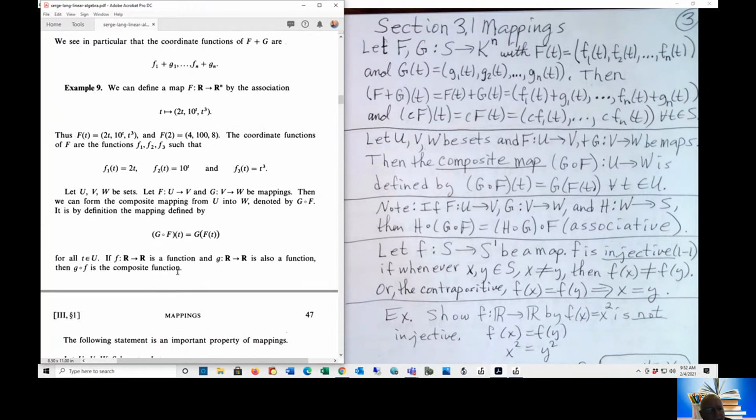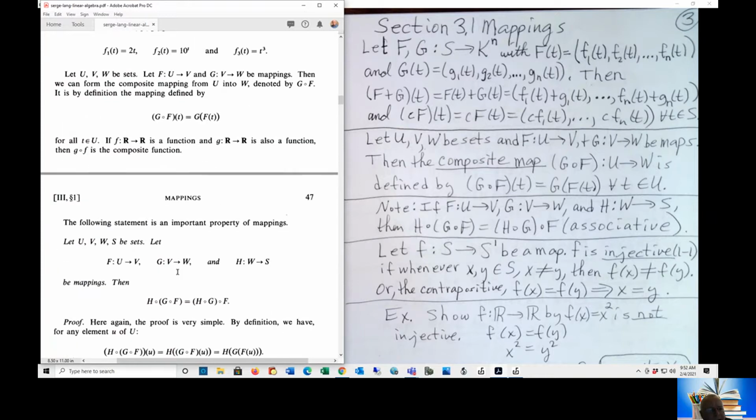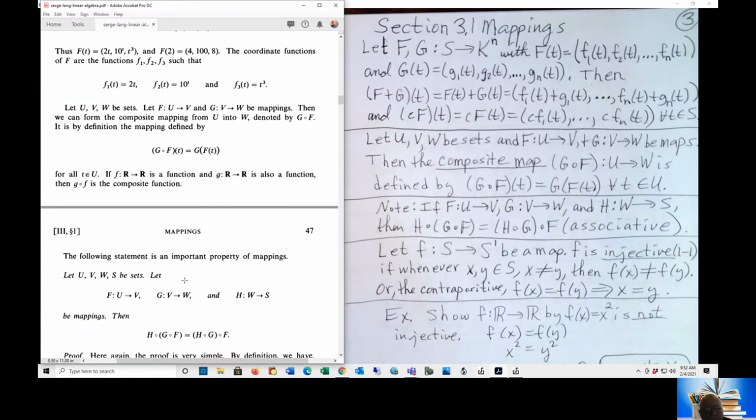Then we define the composition mapping G circle F going from U to W by G circle F of t is simply G evaluated at F of t for all t in U. That's what we teach in college algebra.